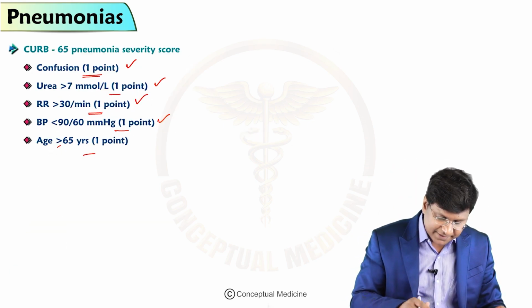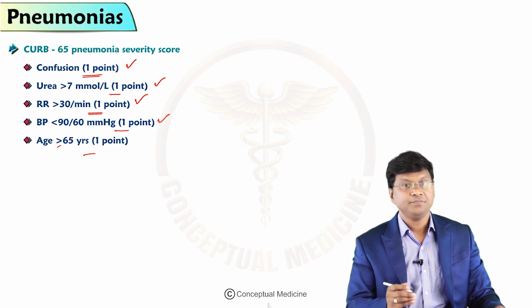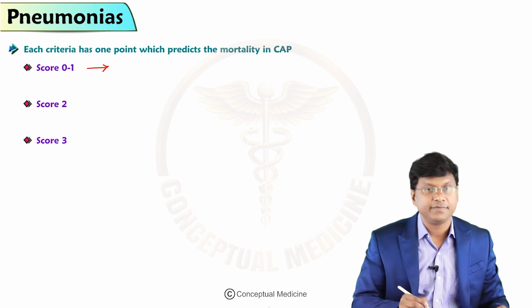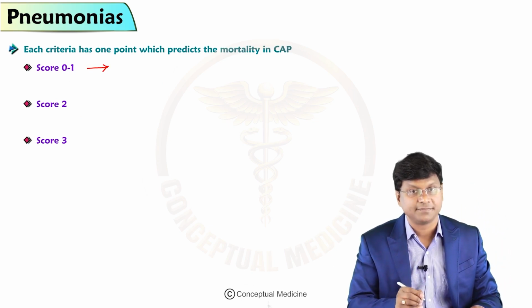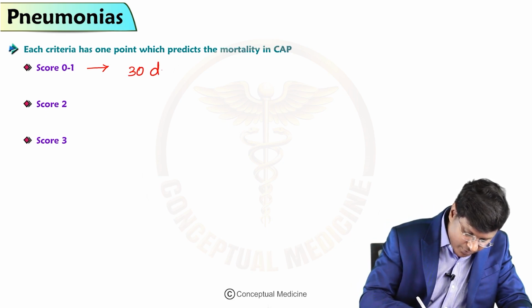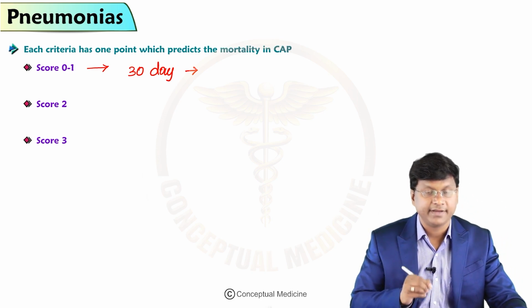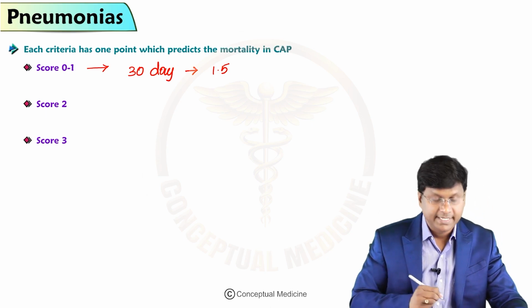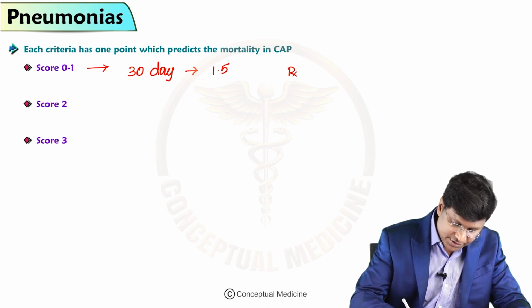Now, what is the purpose of giving this particular scoring? If the score of the individual is between 0 and 1, the 30-day mortality rate is around 1.5%. How will you treat these patients?